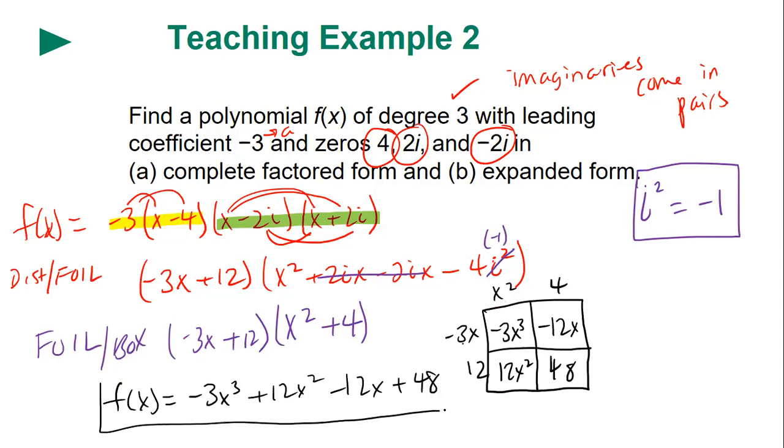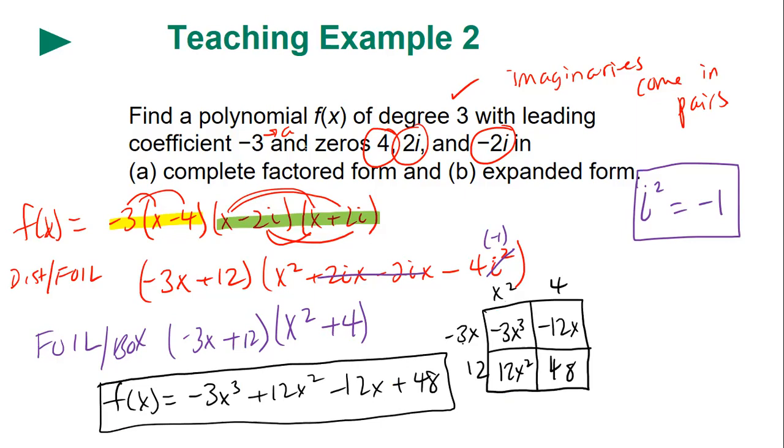And that is my expanded form. Does seeing it in the box format work better than seeing it in FOIL? Especially if you're a visual person. Sometimes the box just helps you stay a little more organized.